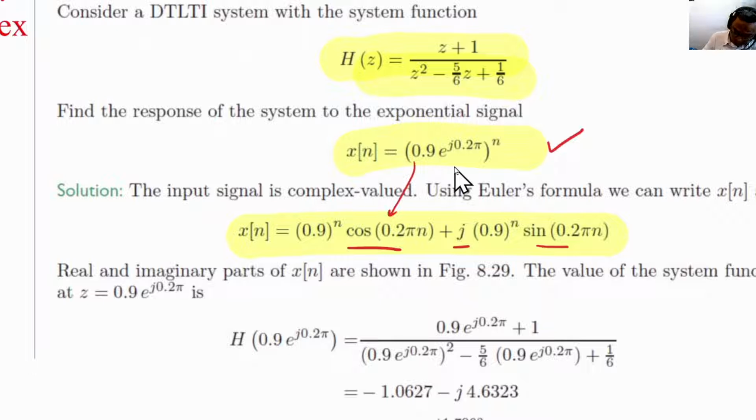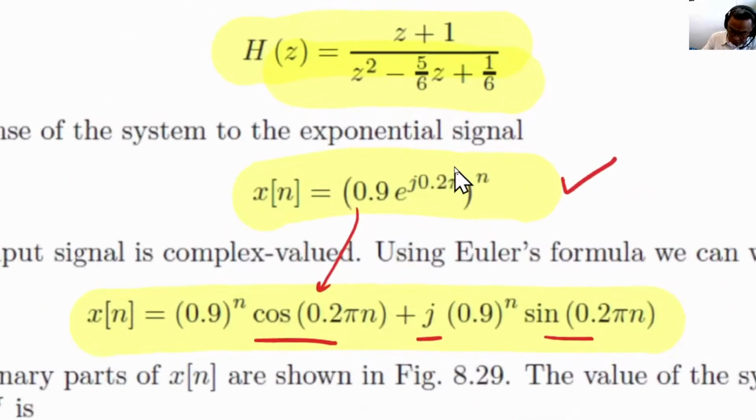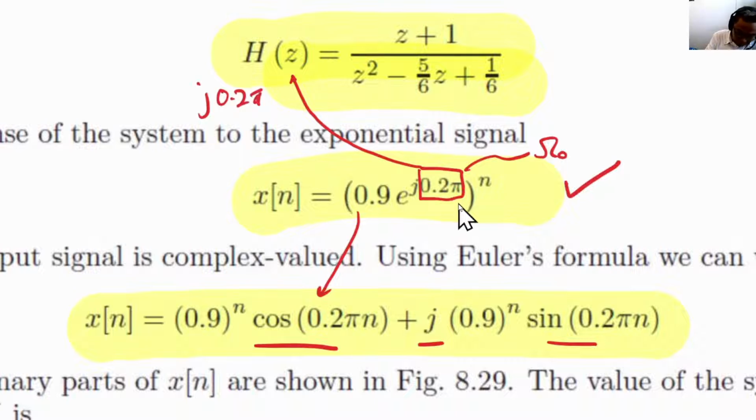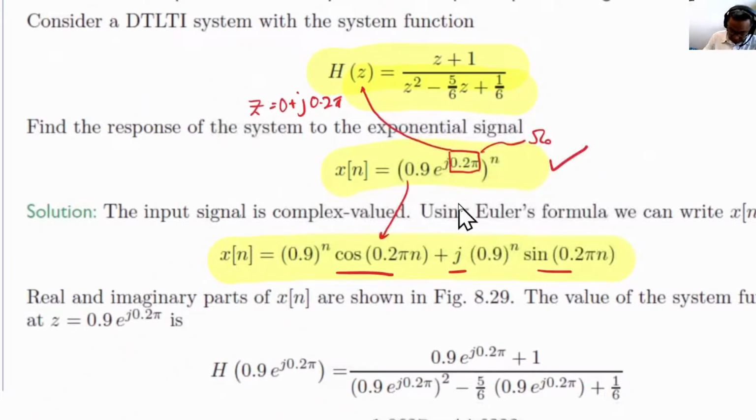Now, how we work on this problem is this. We identify the frequency omega naught. The input signal's omega naught is 0.2 pi. We substitute this value as j 0.2 pi for z. So it's simply z equals 0 plus j 0.2 pi. I made a mistake.